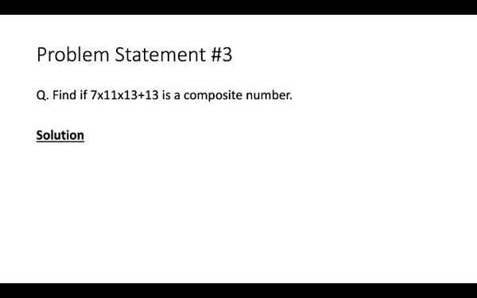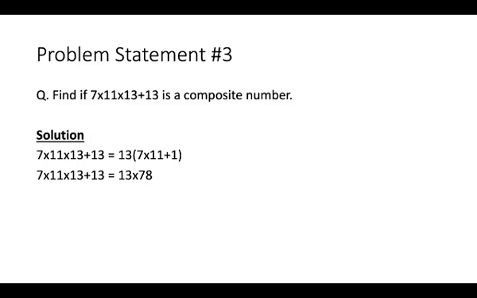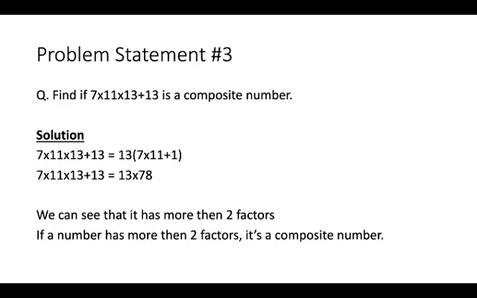Now, we can take 13 common. 13 into (7 into 11 plus 1). And we can write 13 into 78. Here, it has more than two factors, and we know if a number has more than two factors, then the number is composite.